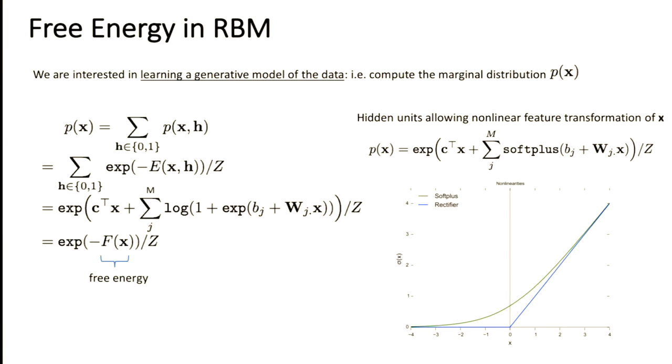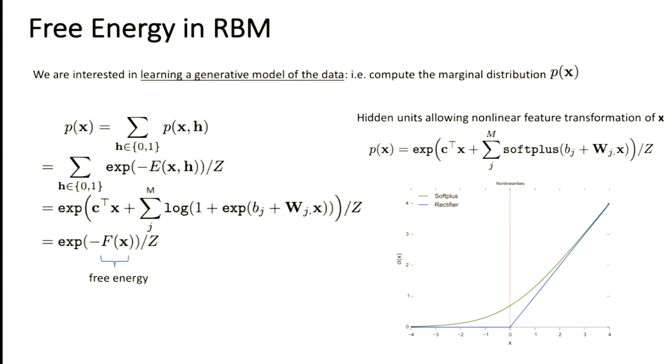Now if you introduce the formulation of your energy function inside, this is nothing but the energy function of your restricted Boltzmann machine. Here c represents the bias terms associated with your visible units, and b represents the bias associated with your hidden variables. And this term, as you see, is quite nice, because it is now a linear sum over all the hidden units, where M represents the total number of hidden units.